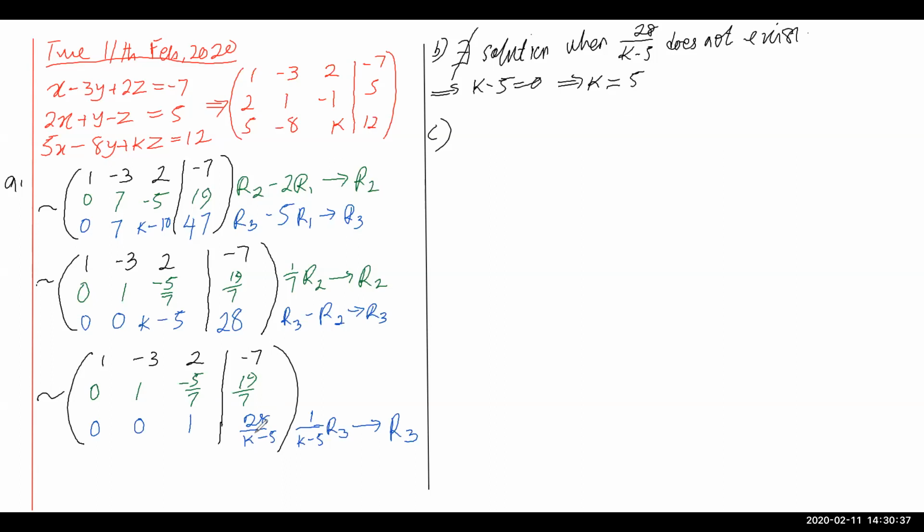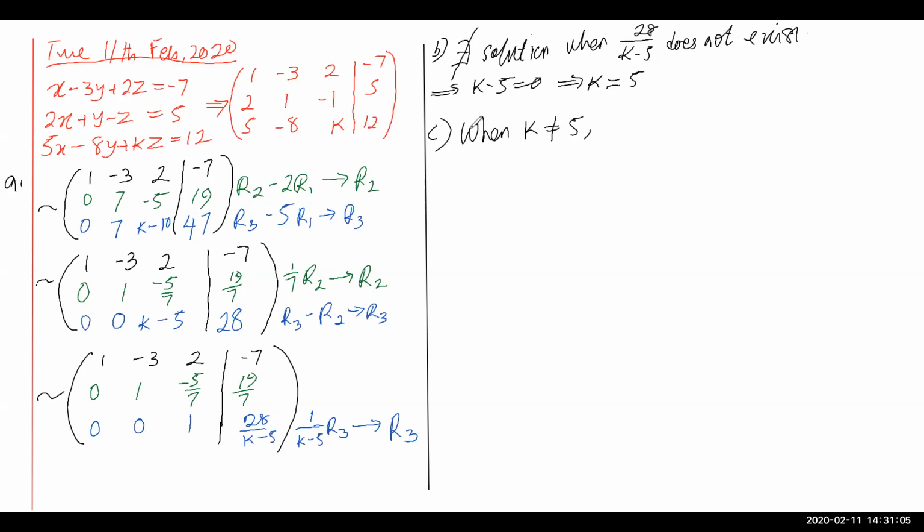So that's what we're going to do now. It says show that for all other values, there is a unique solution. Write this solution in terms of k. So from the echelon form, I'll start by saying when k is not equal to 5, and this is very important, we are trying to say when the solution exists.